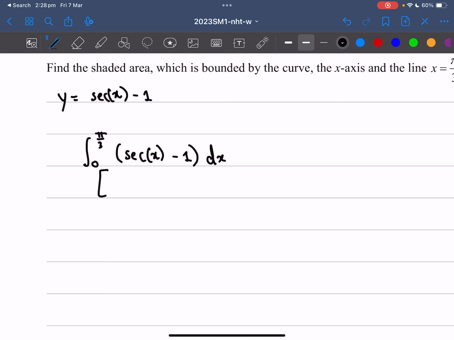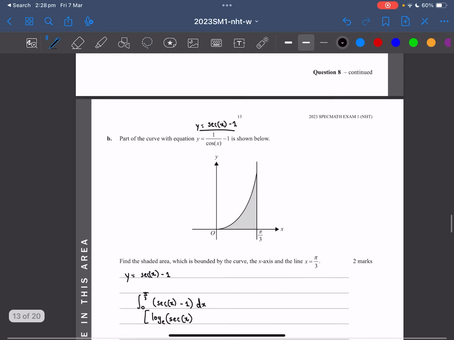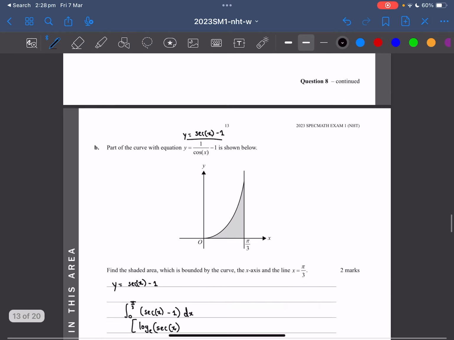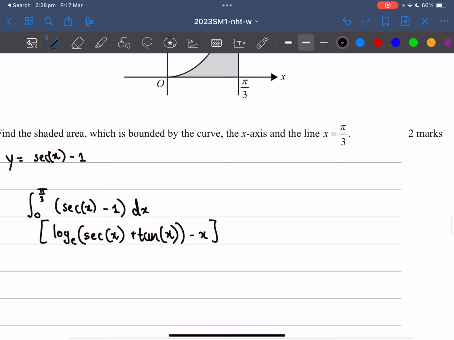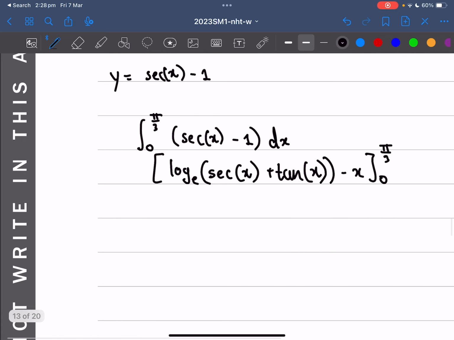So that would be log base e of secant x plus tangent of x, and then take away x. It's from 0 to pi on 3. Now we just substitute everything again.